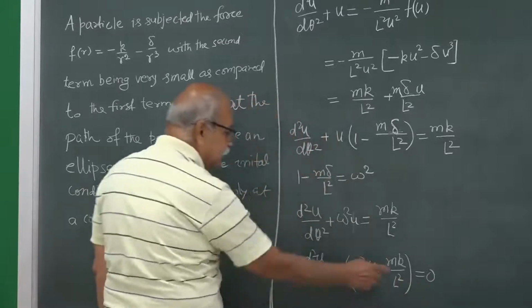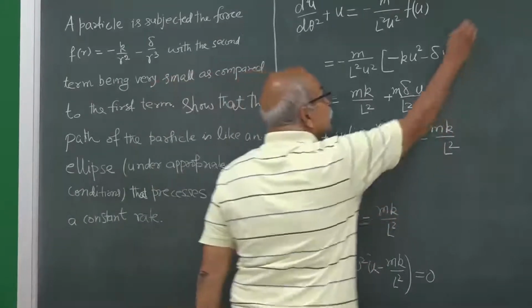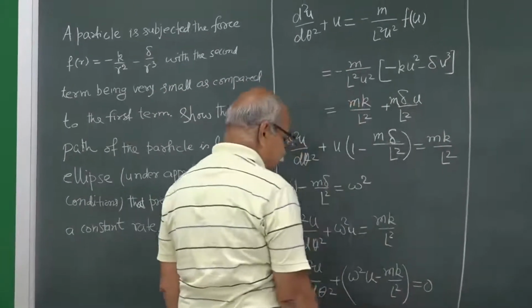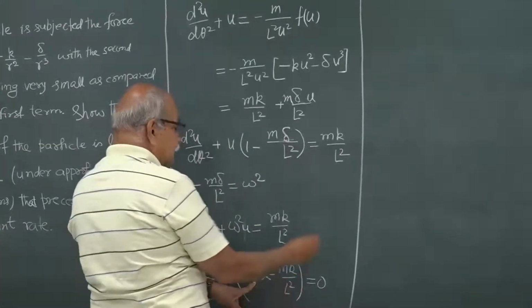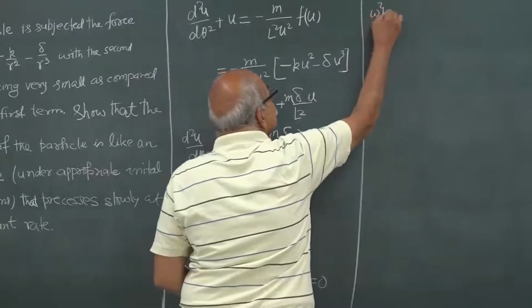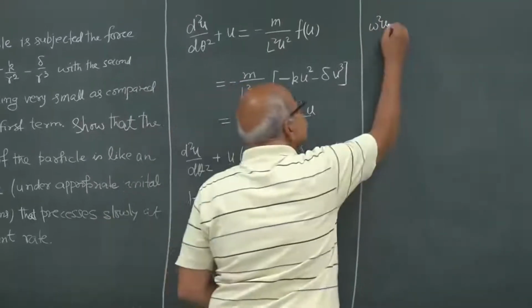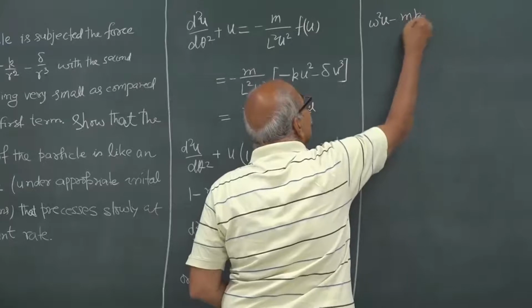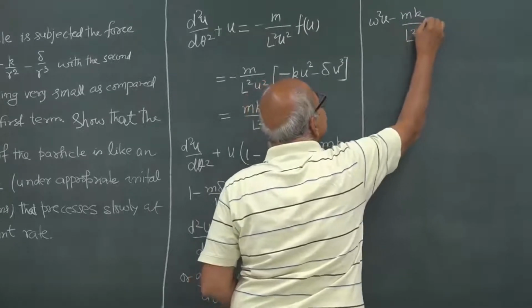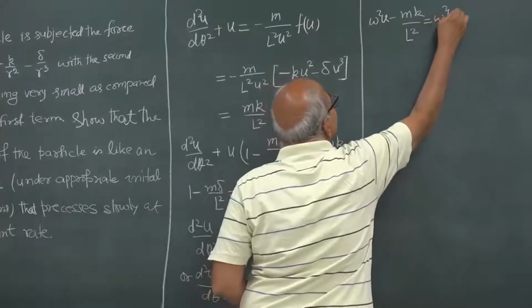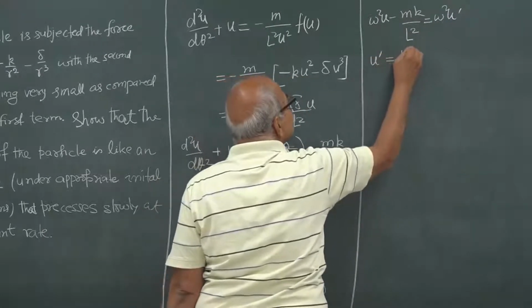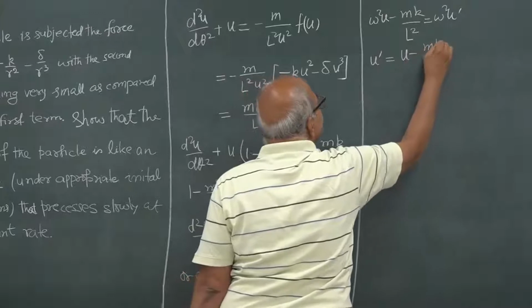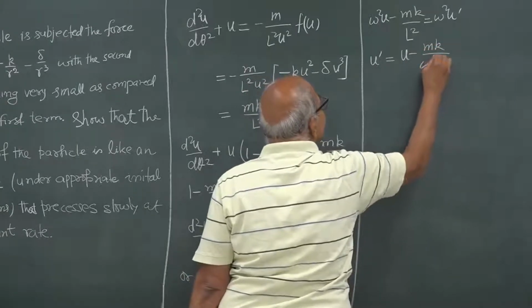Let us call this quantity omega square u minus m k over L square as omega square u prime. So, what I am defining is u prime is equal to u minus m k over omega square L square.